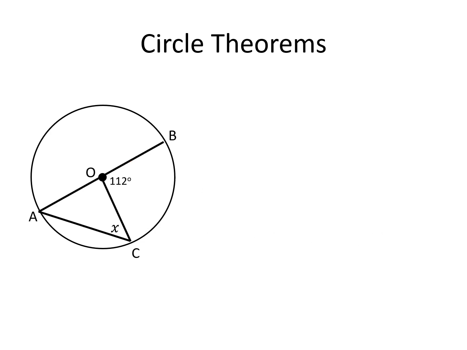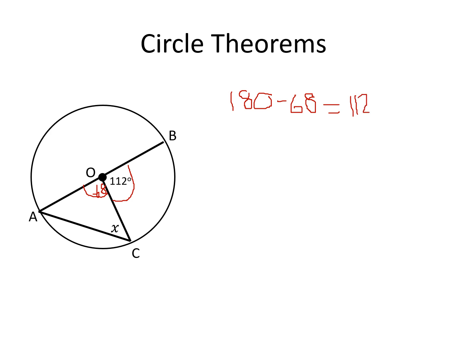Okay, so I know that if this is 112 and we've got a straight line here, so this must be 68. I also know that this whole triangle is 180. So if I do 180, subtract 68, that tells me that the rest of those two angles equals 112.